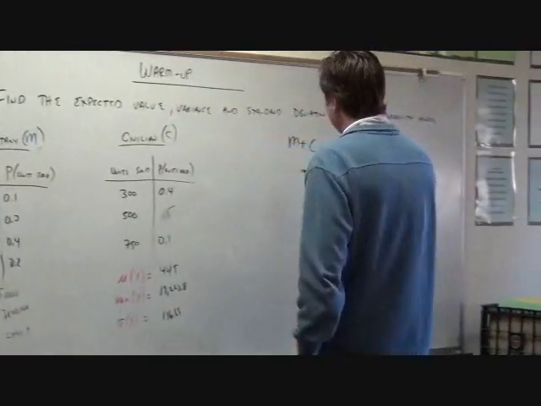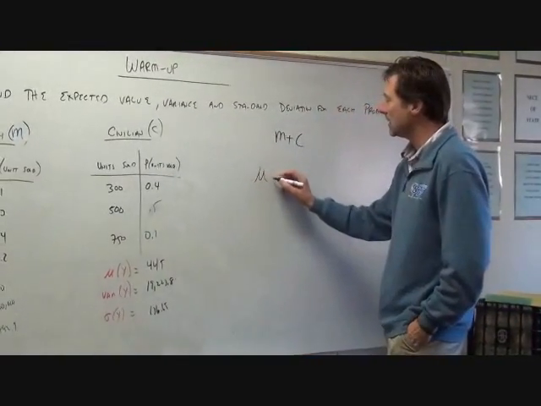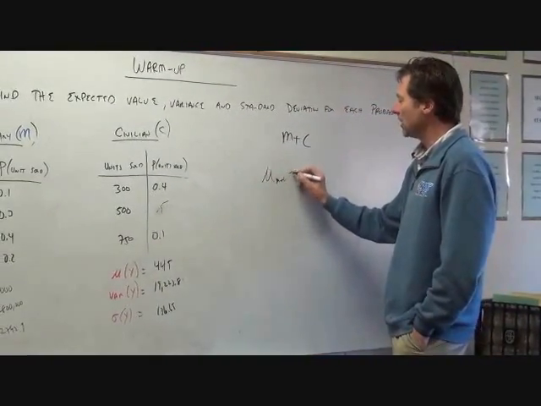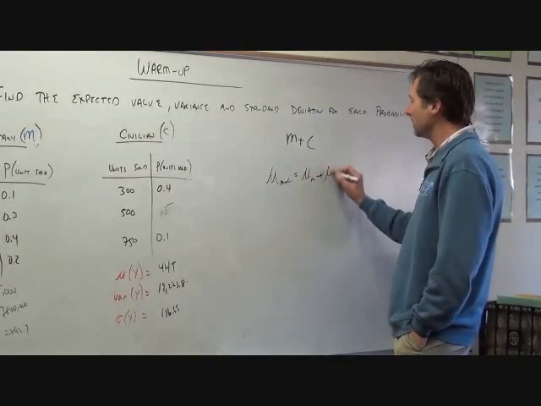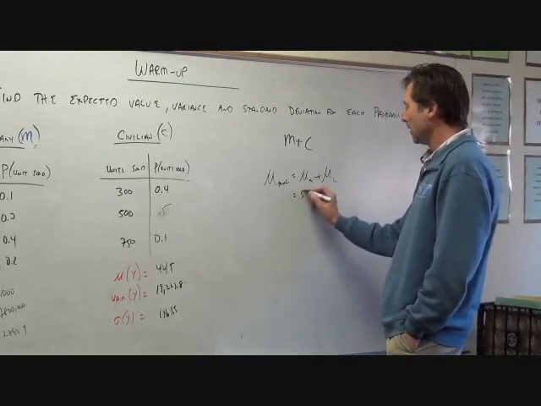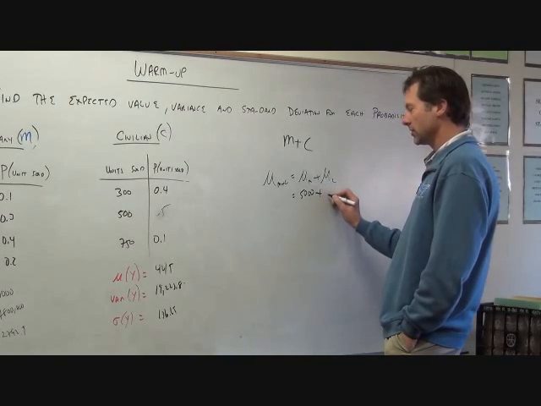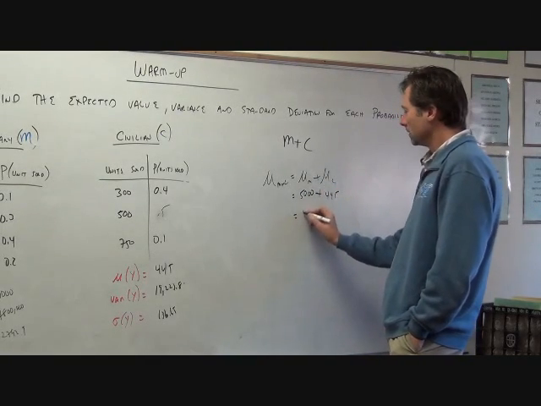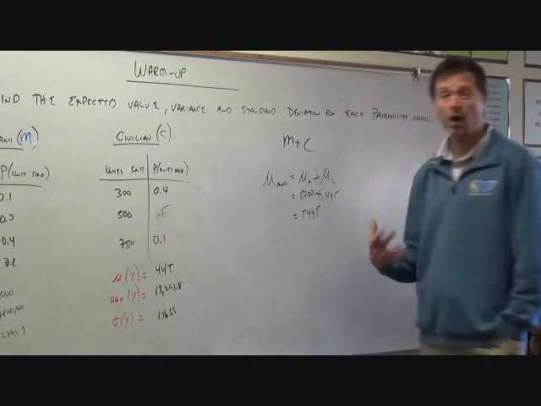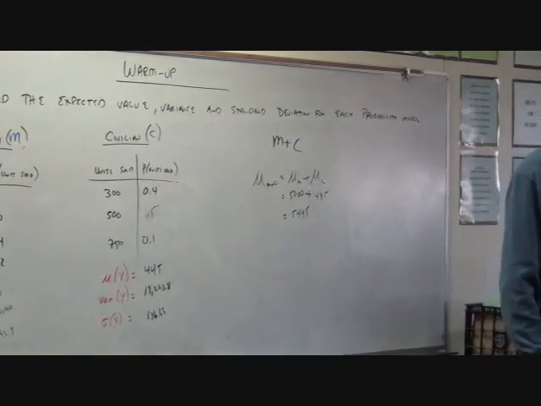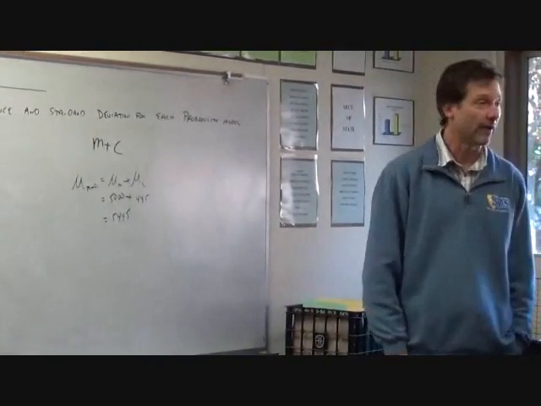So what would that look like? If I was calculating the mean of M plus C, I'd say it's the mean of the M plus the mean of the C's. In this problem, it'd be 5,000 plus 445, this is the show the work part. So in the long run, I expect to sell 5,445 units.